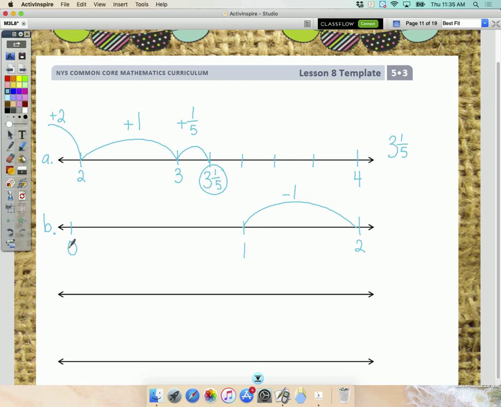Okay, so now the denominator, Miguel. Eighths. So I'm going to need 7 tick marks, right? I do fourths and then divide them in half.